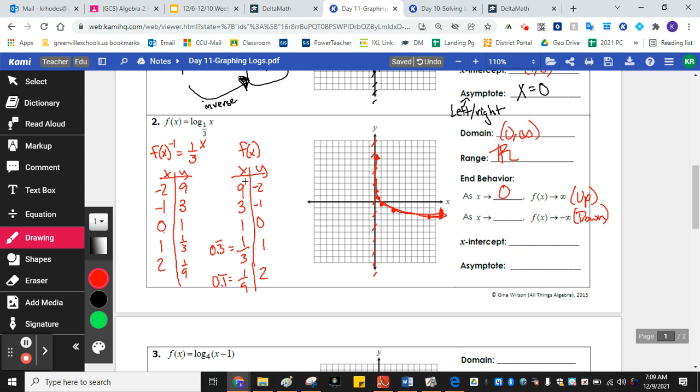My numbers are getting bigger and bigger and bigger, positive infinity. As my graph goes down, my x values are getting bigger and going to infinity. It's really weird when you flip those around. X-intercept 1, 0. Y asymptote x equals 0. I haven't moved left to right yet.